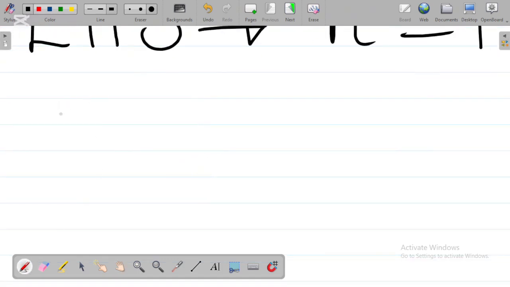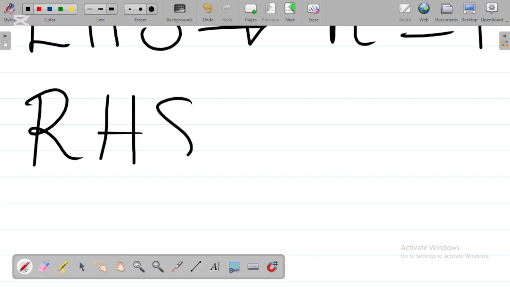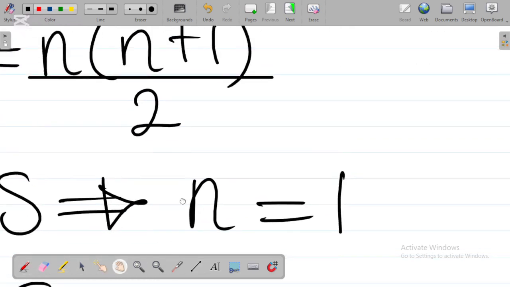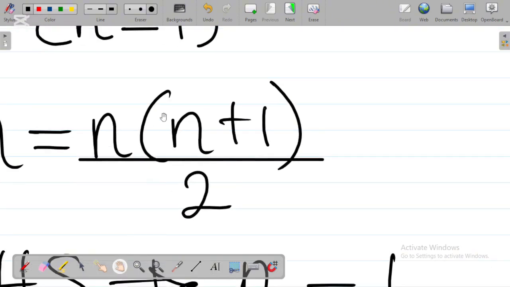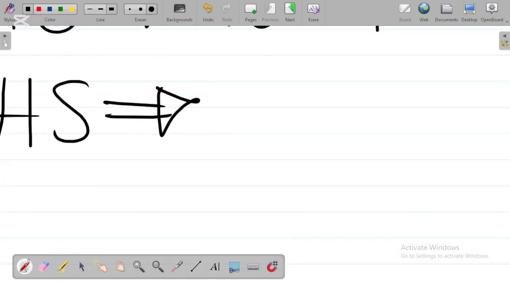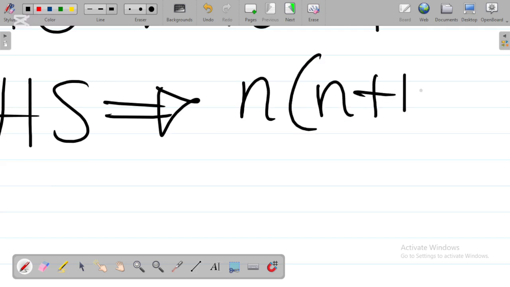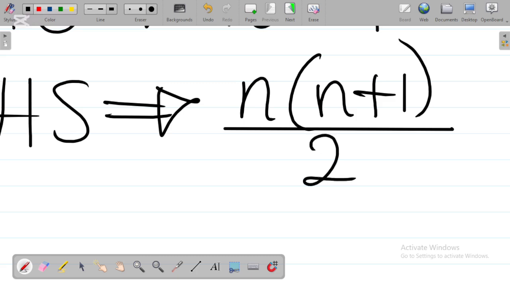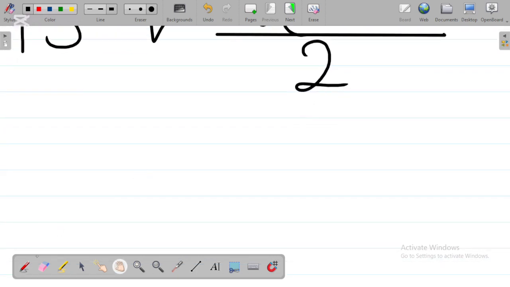Now let's consider the right hand side. For the right hand side of the equation, we have n open bracket n plus 1 all divided by 2. Remember we are substituting n as 1.